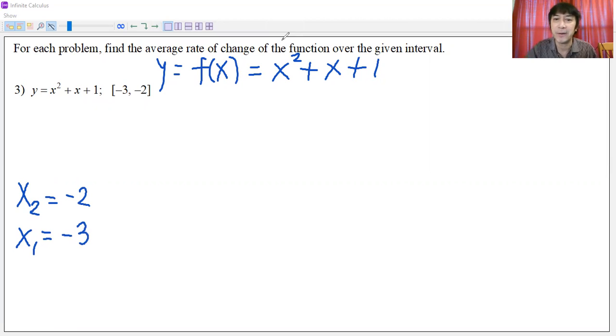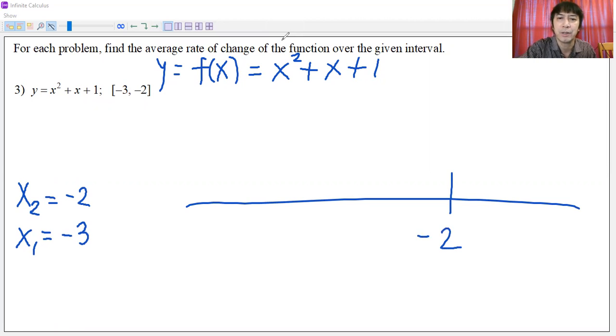In the number line, -2 is here and -3 is there. So the one at the right is the higher. The one at the right is always the higher, and -3 is at the left side, so that's lower.